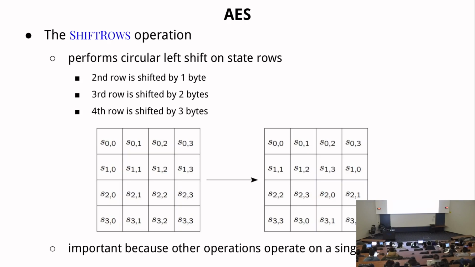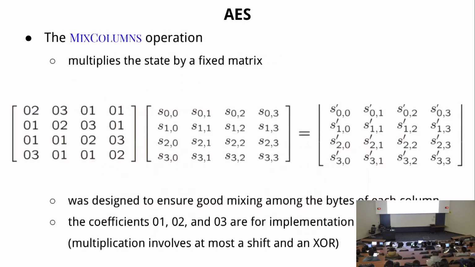So S10 goes to the end, and S11 goes to the beginning. Then the third row, we're going to shift 2 bytes. The fourth row, we're going to shift 3 bytes. So this is how the shift rows operation works. This is unique, different from the DES operations.